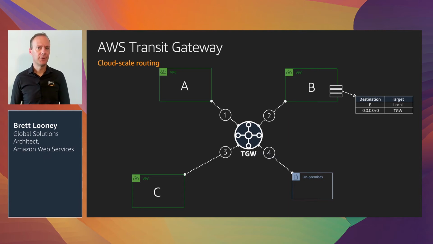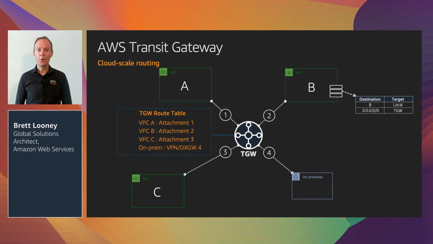So how does Transit Gateway know where to go? We also have a concept of a route table in Transit Gateway. And just like a VPC route table, the route table in Transit Gateway says when you receive a packet for this particular route, go down this particular attachment. So in this case, we go VPC A is available via attachment 1, VPC B via attachment 2, and so on.